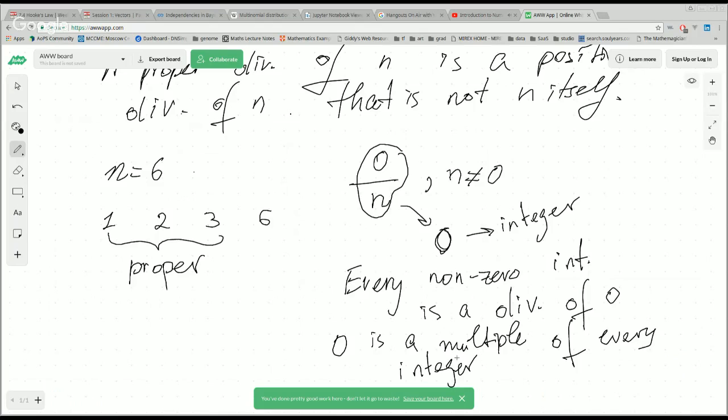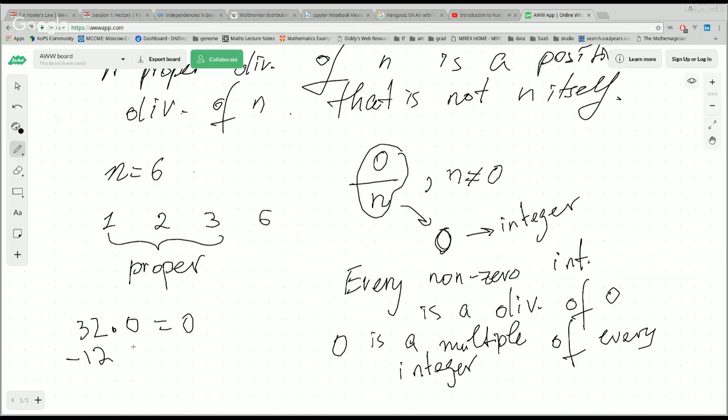Right? When did we say a number is a multiple of another number? Well, that's the case when we take this integer, multiply by some other integer, and we get 0. Well, you give me any integer you want, let's say 32, I need to get 0 by multiplying this 32 by some other integer. Well, I know what that integer should be. It should be 0, right? Give me something else, negative 12. Well, again, I can multiply by 0 and get 0. This tells me that 0 is a multiple of negative 12.